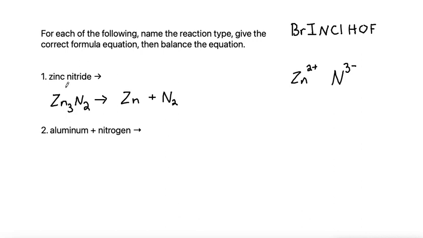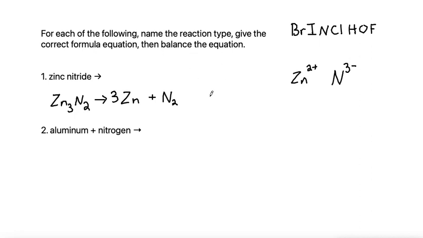Okay, so far we have given the correct formula equation, but it's not balanced yet because on the left side of the arrow we have 3 zincs and 2 nitrogens. On the right side we have 2 nitrogens but only 1 zinc. So we need to put a 3 coefficient in front of the zinc to make the two sides have the same number of elements.